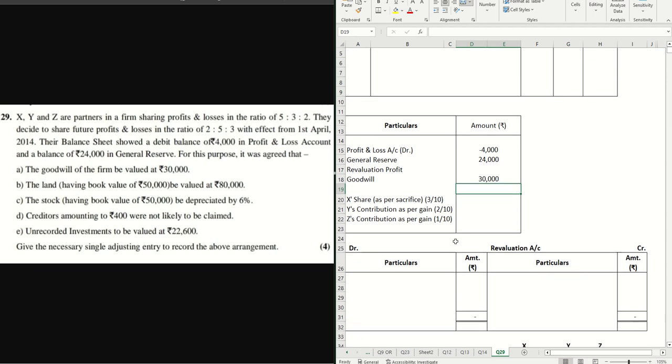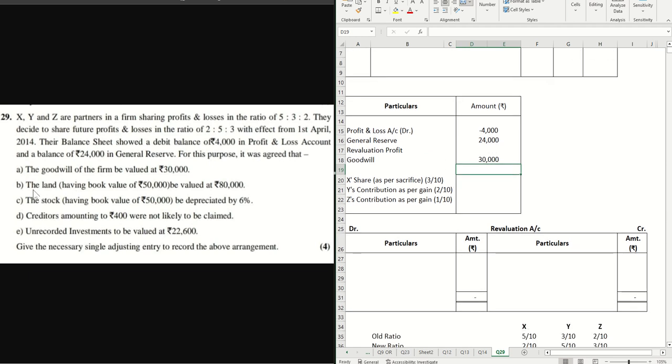For revaluation, we have to prepare the revaluation profit. The land having book value of 50,000 to be valued at 80,000. That means the value of land is increasing, right? So it's 30,000. Then we have the stock, which is to be depreciated by 6%. The book value is 50,000.